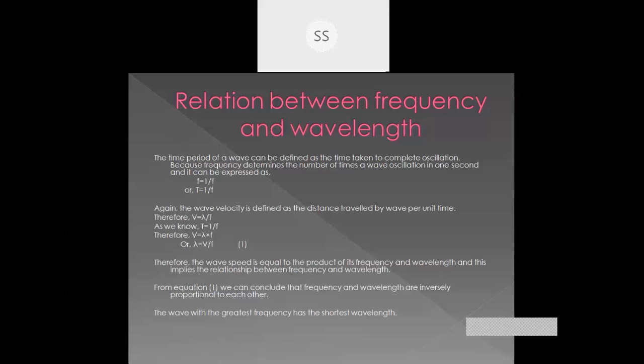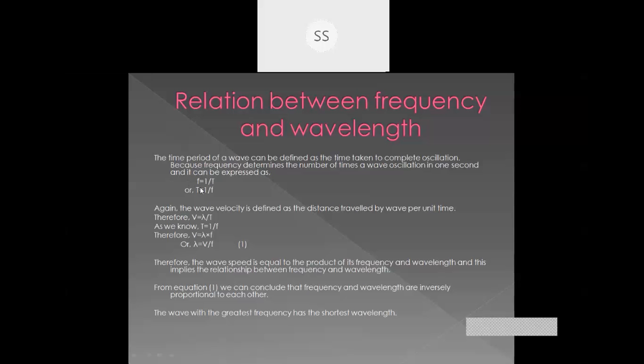Because frequency determines the number of times a wave oscillates in 1 second, it can be expressed as f equals 1 by T. We know that the time period is the time taken during one vibration, and frequency is the total number of vibrations in 1 second. Therefore f equals 1 by T, or T equals 1 by f, where f is frequency and T is time period.